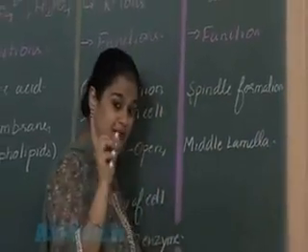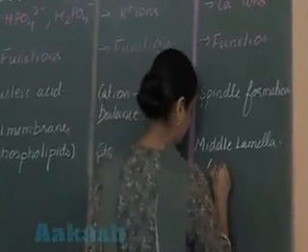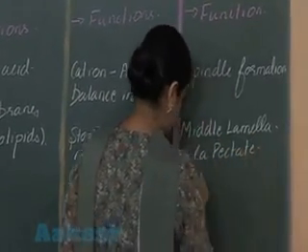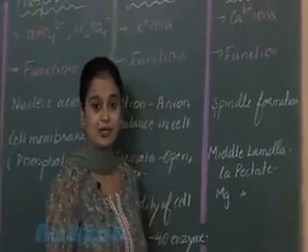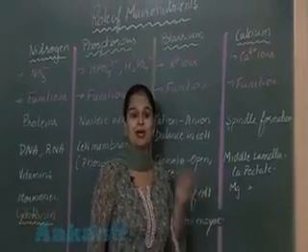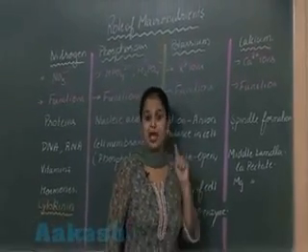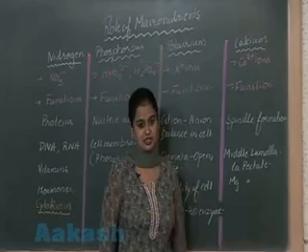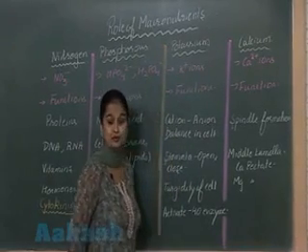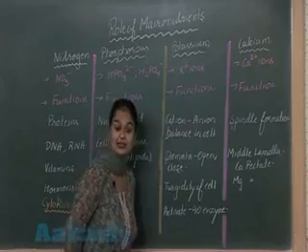In the middle lamella two components are present, one is calcium pectate and the other is magnesium pectate. Along with that, calcium is also required by the meristematic tissues as well as differentiated tissues. After calcium, the next macronutrient we will study here is sulfur.